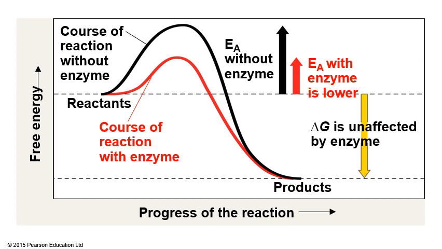So, without a change in free energy, the presence of the enzyme has the effect of reducing the activation energy level. With the enzyme, as you can see, the red line has a reduced level of activation energy to speed up this biochemical reaction.